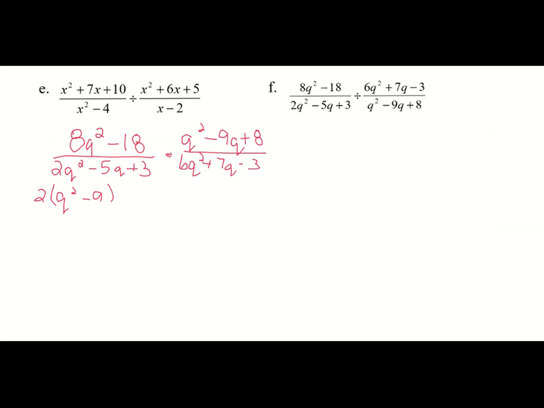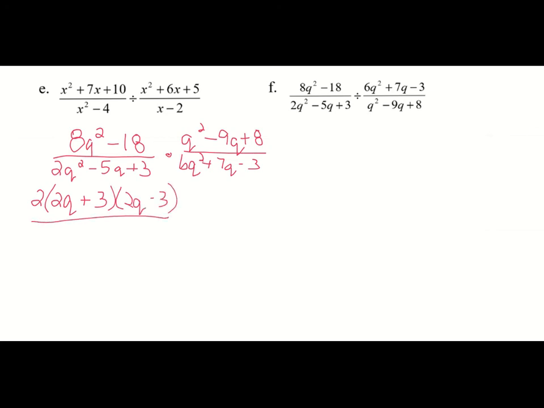Oh, and you know what? I made a mistake there. Let me fix that. When I pull out a 2, it's going to be 2 times 4q squared minus 9, which is still a difference of perfect squares. So I can factor it again. I'm going to erase it so we can factor it again: 2q plus 3 and 2q minus 3.